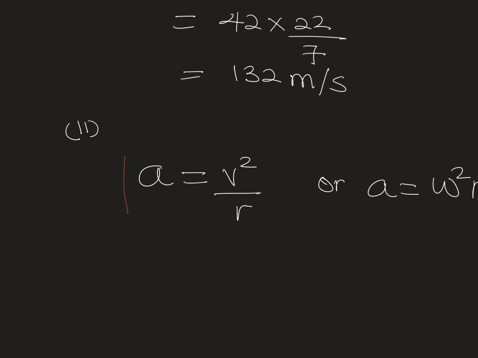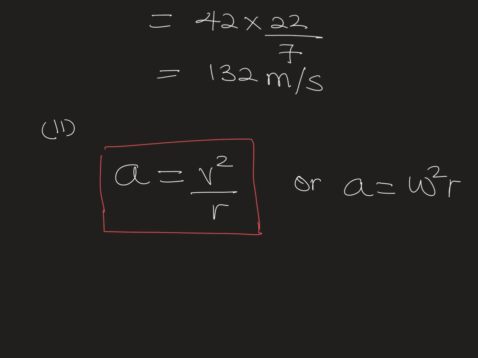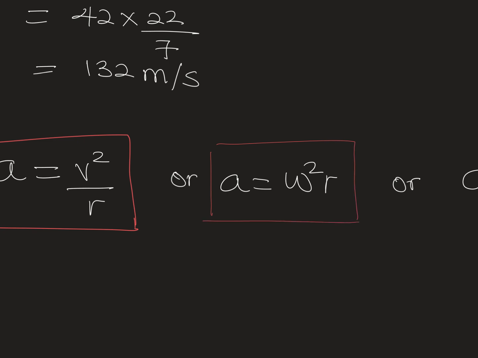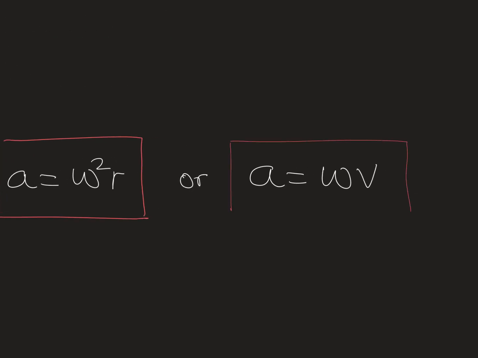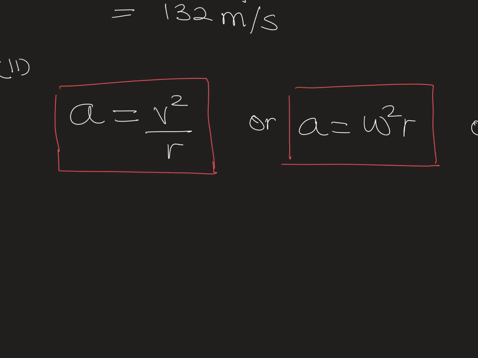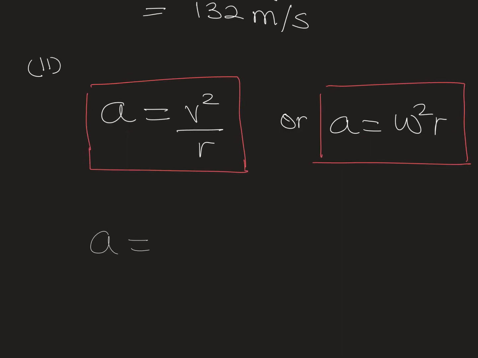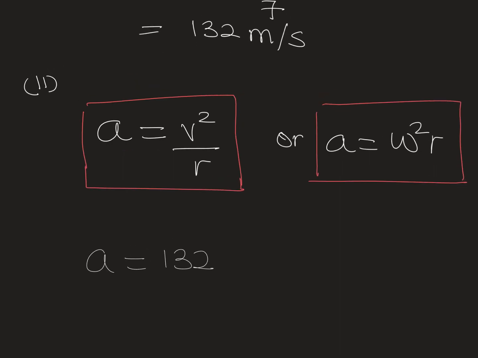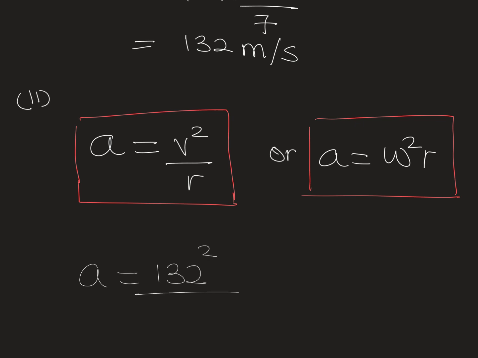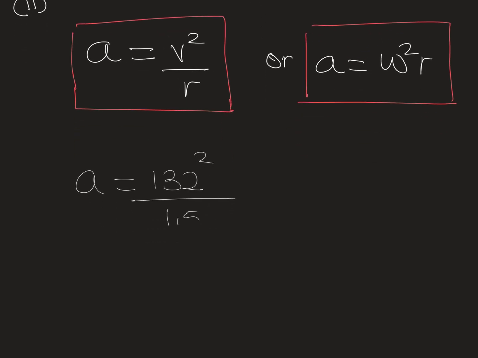Any of these formulae is supposed to work. So if we use acceleration is equal to v squared divided by r, the linear velocity is 132. So that will be 132 squared divided by the radius, 1.5. We will have acceleration as 11,616 meters per second squared.